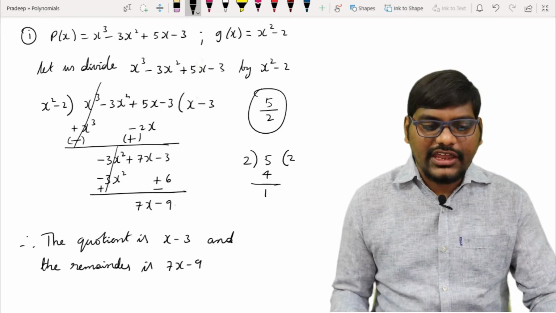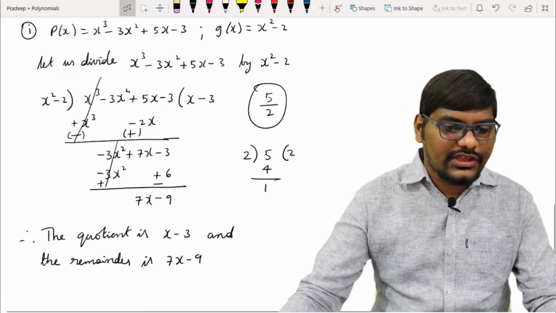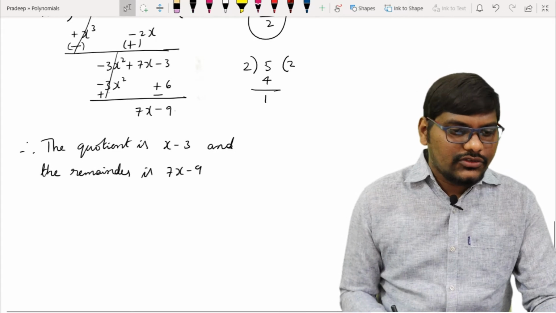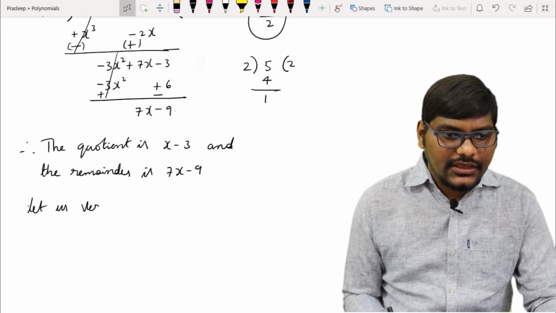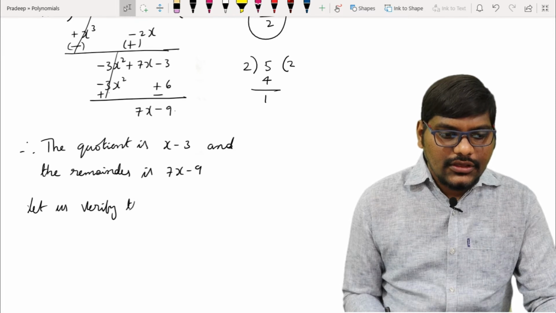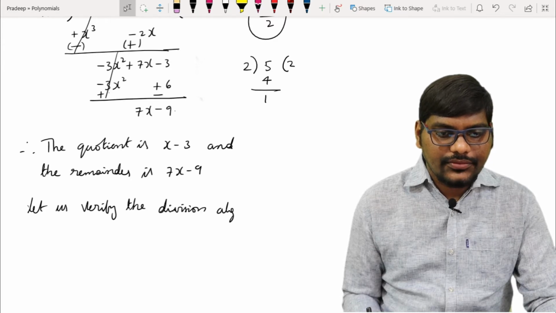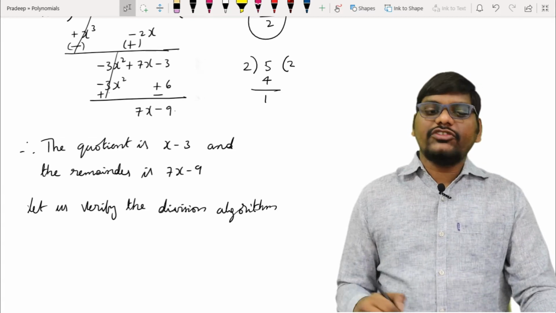So this is the remainder. Let's verify it. I'll write here, let us verify the division algorithm. So what is the rule?